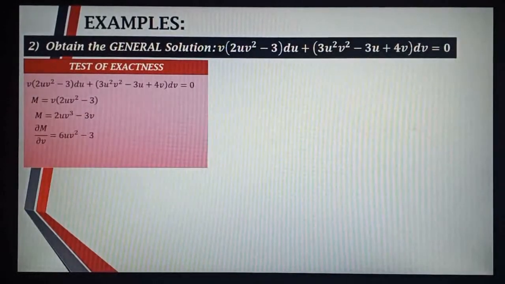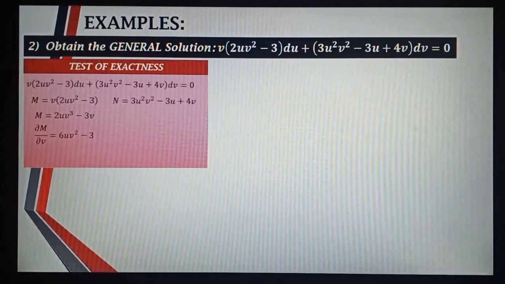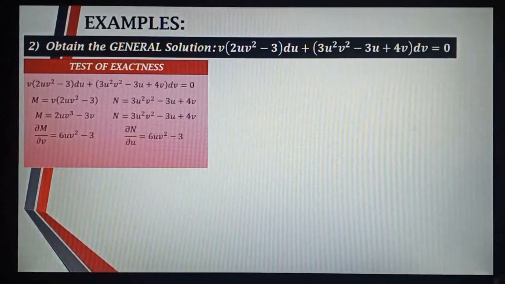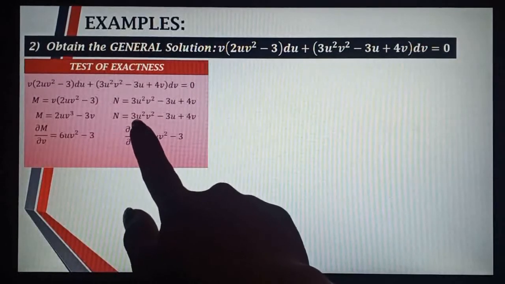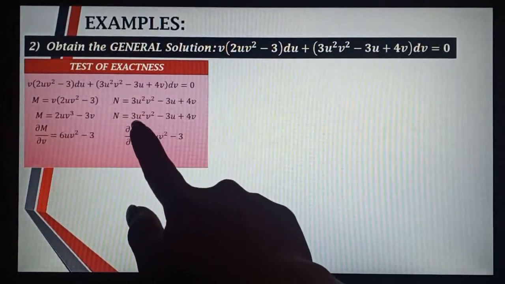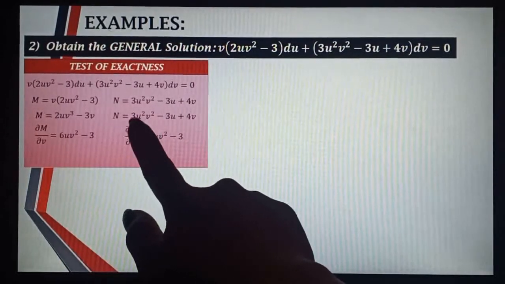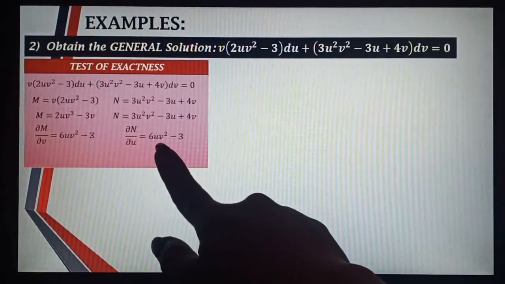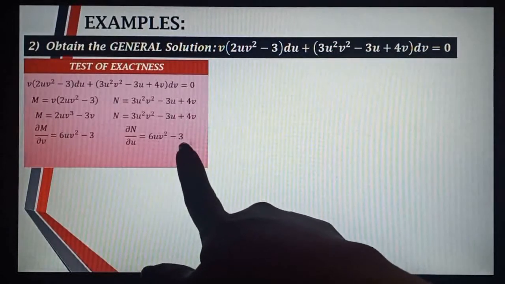Now, punta tayo kay N. Since naka-distribute na siya, so, i-differentiate natin siya with respect to u. So, ang variable natin ay u. So, ang derivative ni u squared ay 2u multiplied to 3v squared. That is also 6uv squared minus the derivative of 3u is 3.